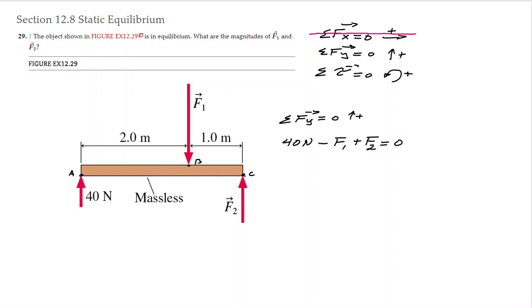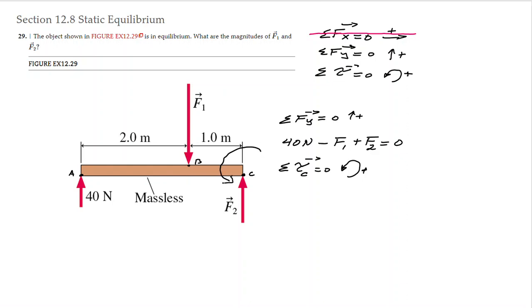So we can take the torque either with respect to point B, or the sum of the torque with respect to point C. In this case, I did it with respect to point C. Now, we're going to say that the sum of the torque with respect to point C is equal to 0, and we're taking counterclockwise as positive.